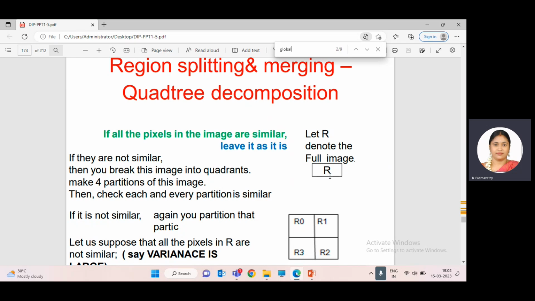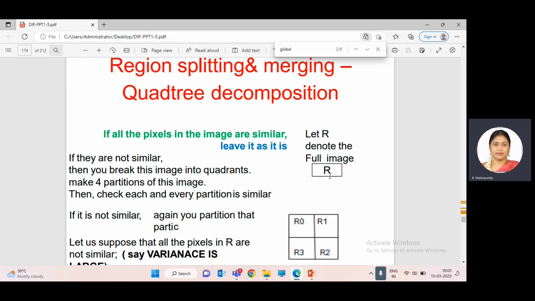For any region Ri, the predicate of your region is always true. So we start with the entire region. If P of R is false, then we divide the region, that is the image, into quadrants. If P is false for any quadrant, we subdivide that quadrant into subquadrants and so on.